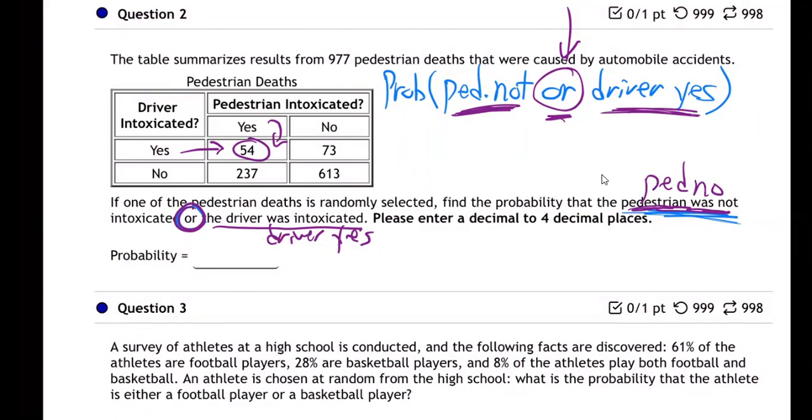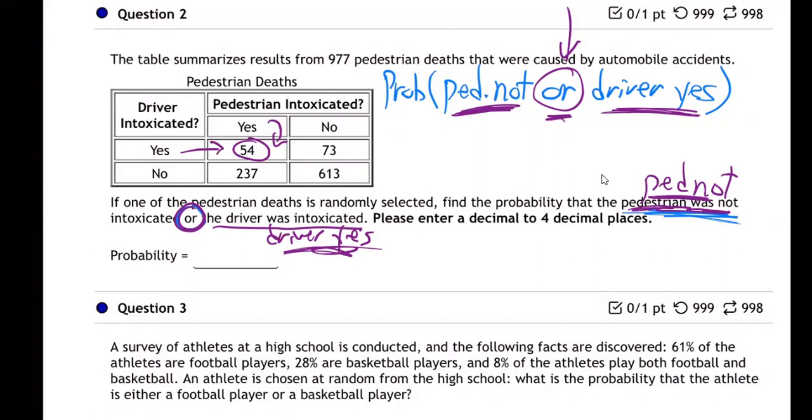So, is it true for them, just for them right now, don't worry about anything else, just for those 54, is it true that either the pedestrian was not intoxicated or the driver was? Is that true of them? Yes. Yes. Right? Yes. Right?